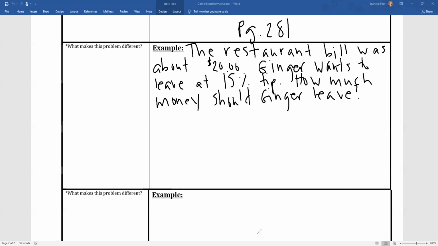So this one is very similar to the first example we did, but the different piece, okay, so let's get a colored pencil. What makes this problem different is they're now using the word tip instead of tax.